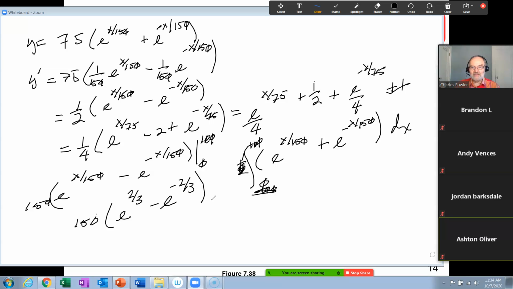Now subtract from that, and I think I'll use parentheses here. It messed me up last time. Parentheses, 2 divided by 3, close parentheses, negate, and do an e to that, and that gave me 0.513.